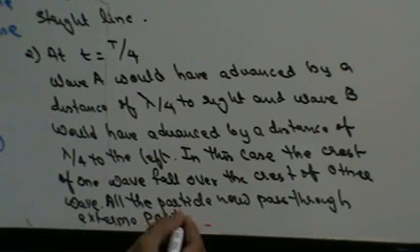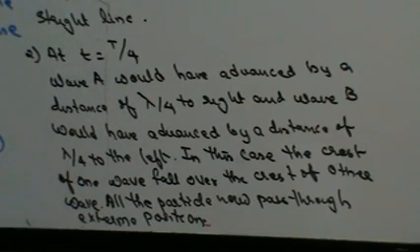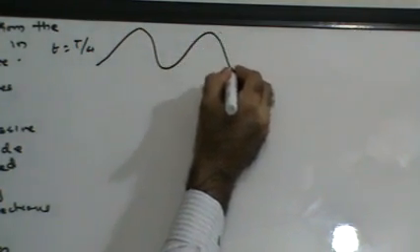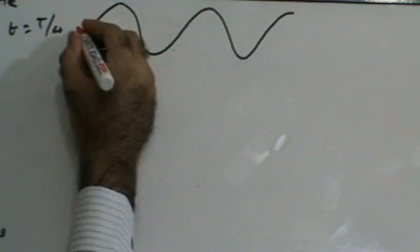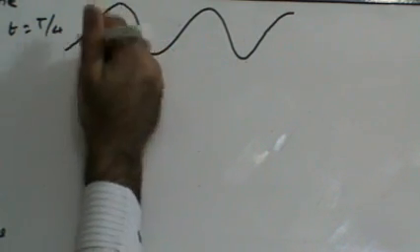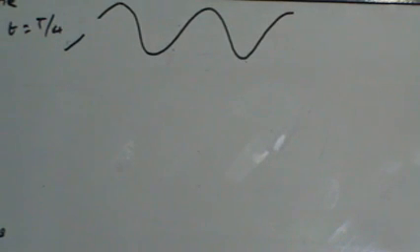I'll just show you how the wave will look. At time t is equal to T by 4, you would have a wave that would be formed somewhat like this, whereas the red would be my resultant wave. I'll draw wave A and B first.